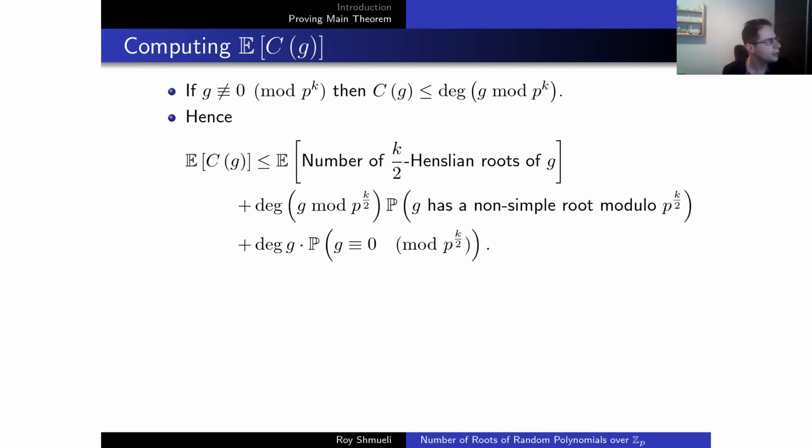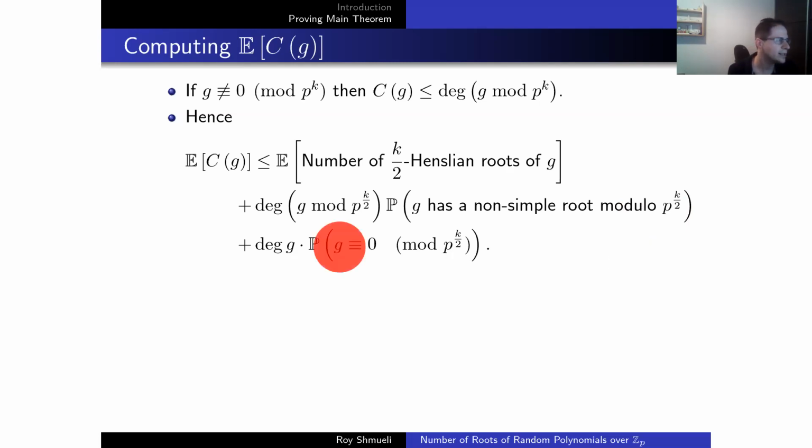And then what I say is that the number of roots of g is less than the expected number of half-k Henselian roots of g, plus the degree of g modulo p to the power of half k, multiplied by the probability that g has a non-simple root modulo p to the power of half k.